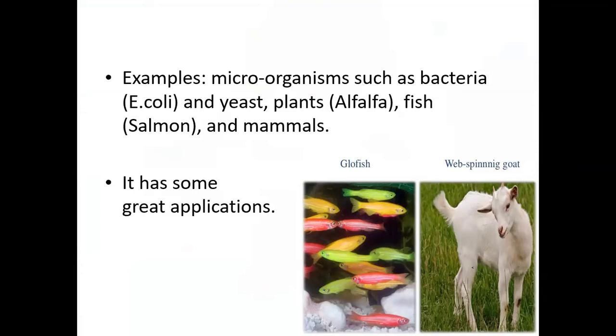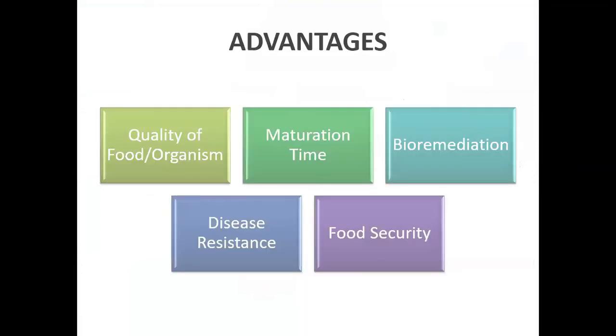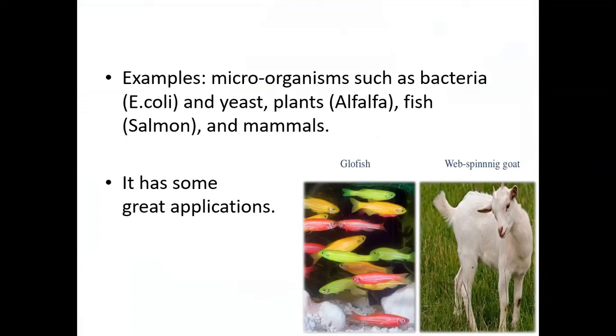Here you can see the glowfish and the web spinning goat. Glowfish are genetically modified because of their fluorescence producing properties. Similarly, the web spinning goat can spin web. So this must be genetically modified or crossbred with a spider.